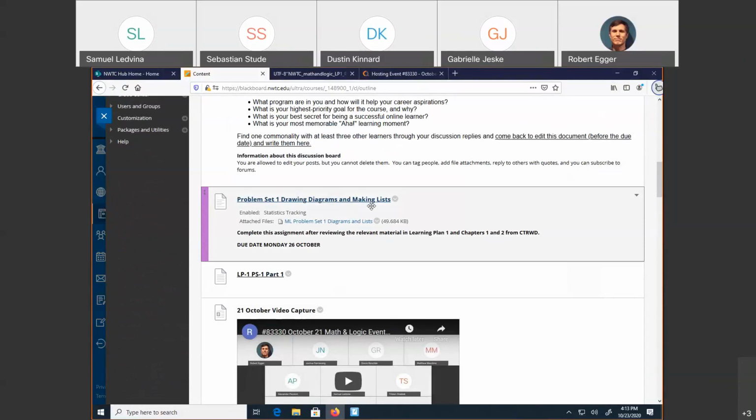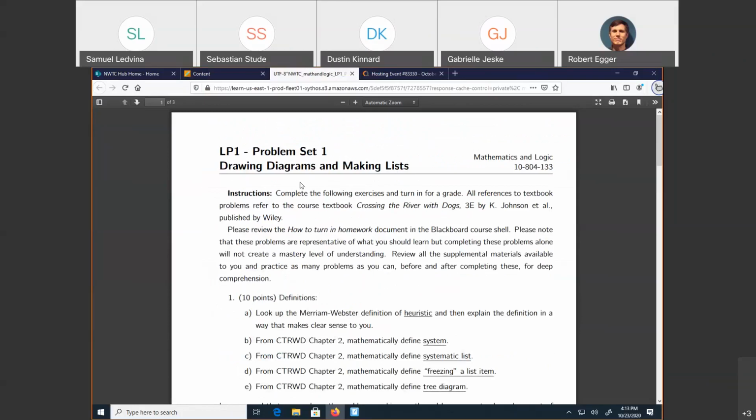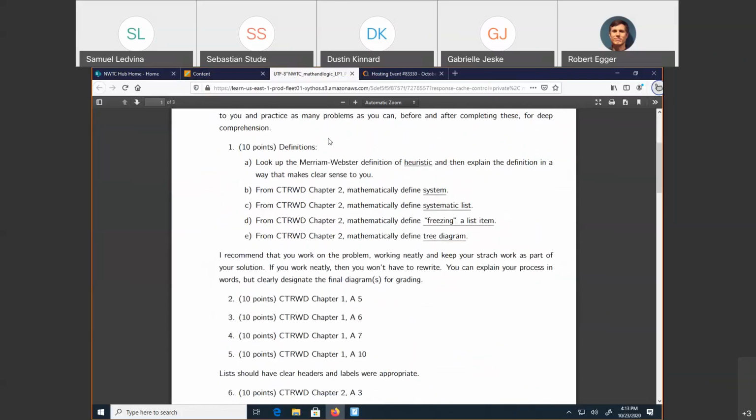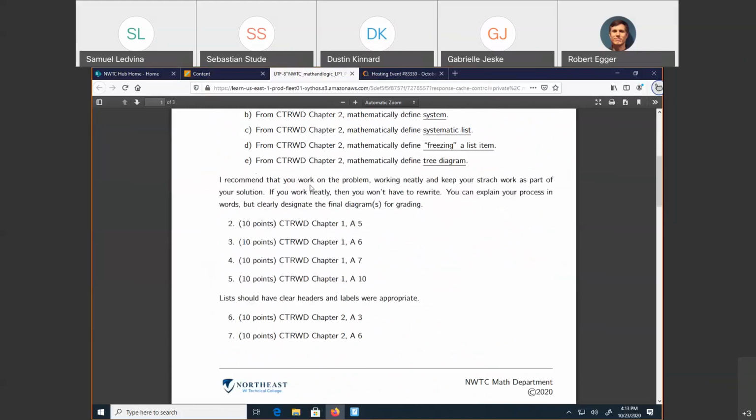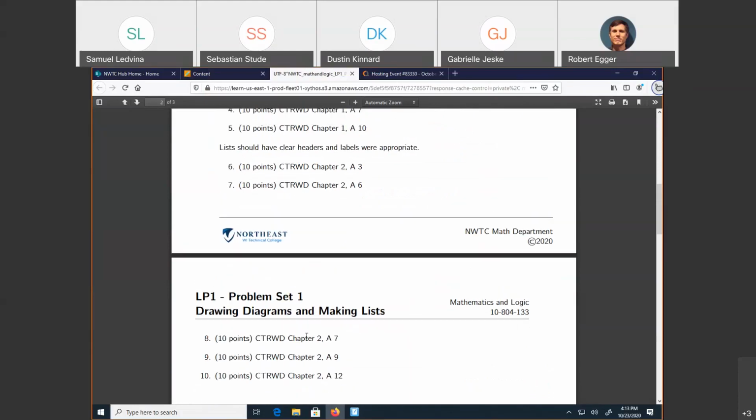That includes the chapter 1 and chapter 2 problems, and the 10 or so of A, B, C, D. Let's just pull it up. Okay. So problem set 1, LP1. So the definitions, 5, 6, 7, 10 of chapter 1, and 3, 6, 7, 9, 12 of chapter 2.